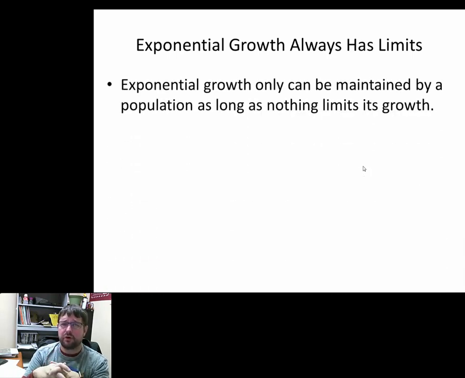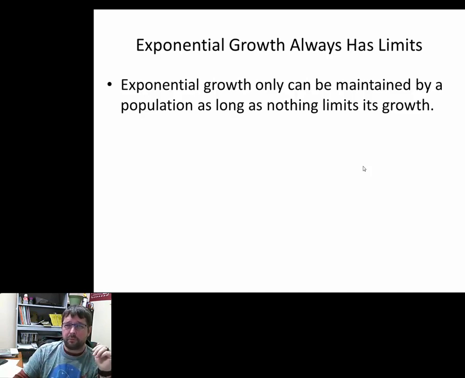Because exponential growth is the maximum likelihood that a population would increase at that rate. So it's based on food, shelter, water, mate selection, no predation. All these limitations that would limit the growth of a population are absent, and so it's maximized.